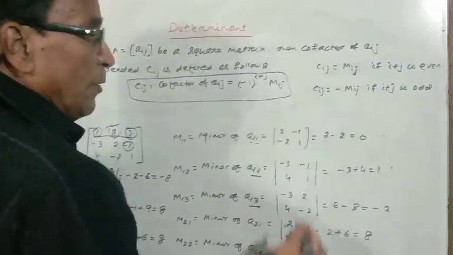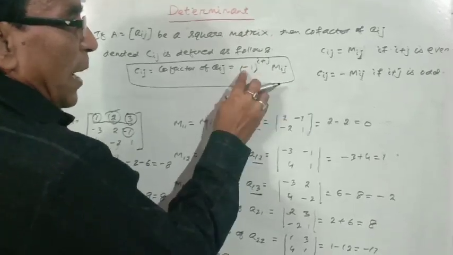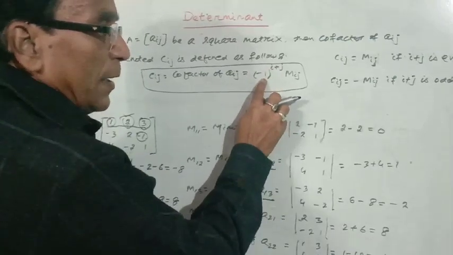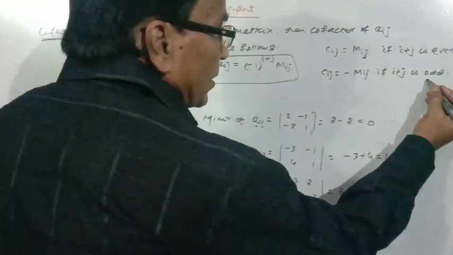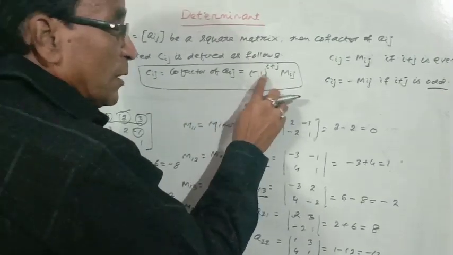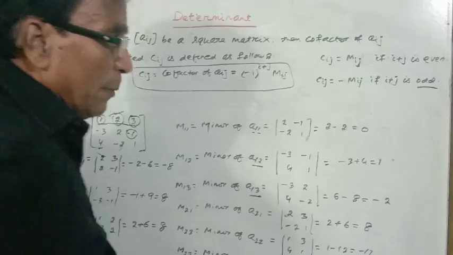Because if i plus j is even, then -1 whole to the power even number is always equal to +1. And if i plus j is odd, then -1 whole to the power odd is always -1, so it is minus Mij. It is very simple to remember this thing.